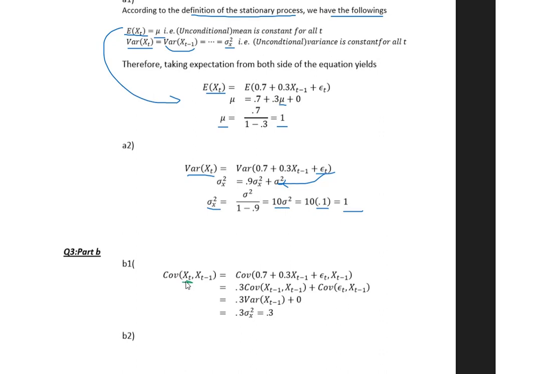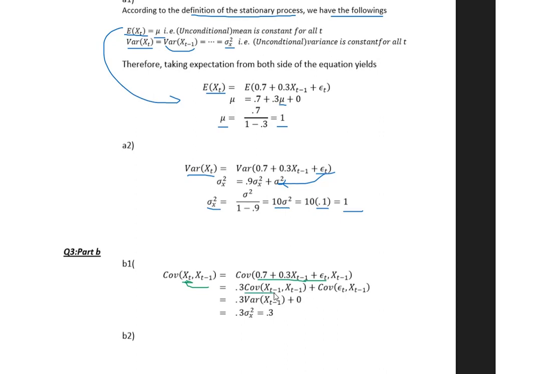Here, if we replace this x of t with the given equation, we simply find that it's going to be a linear combination of two random variables, which we can simply calculate the covariance of those expressions.